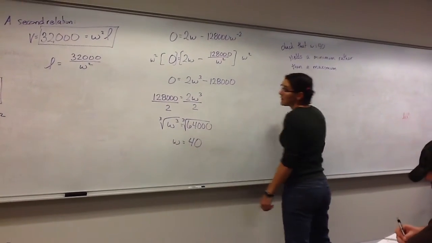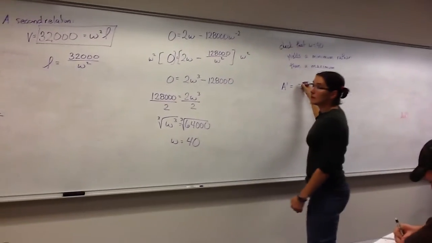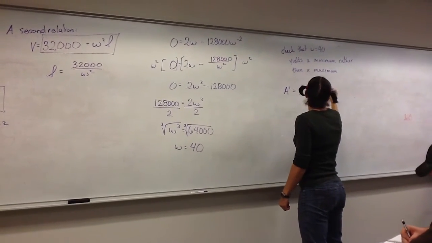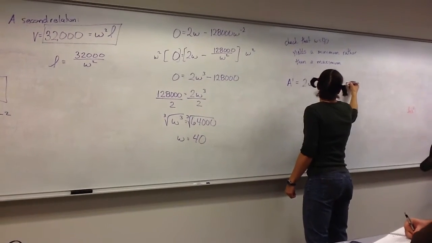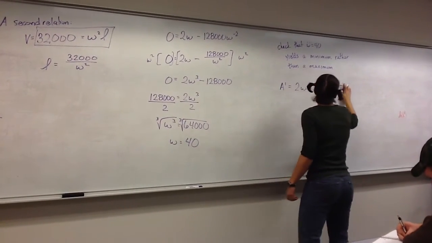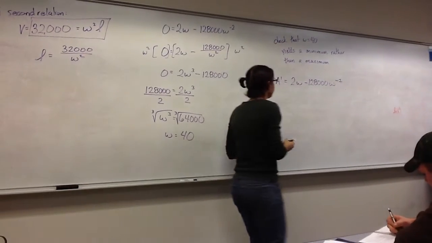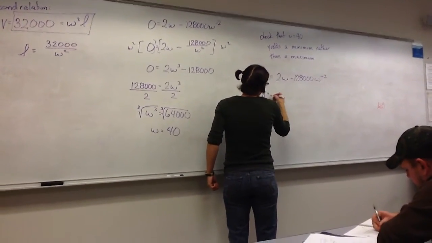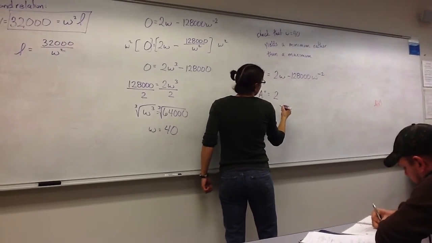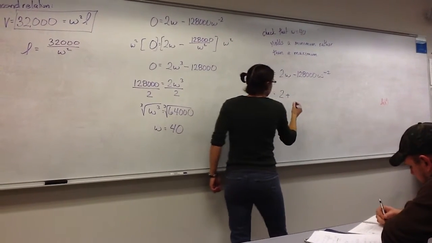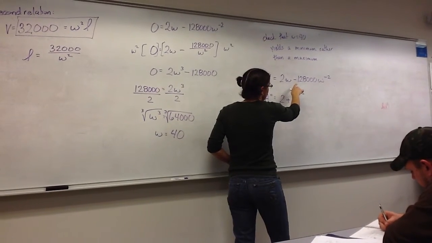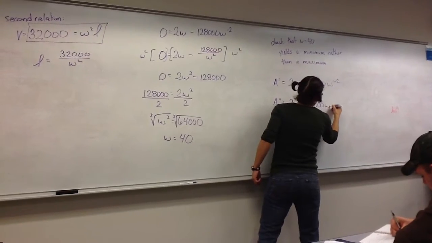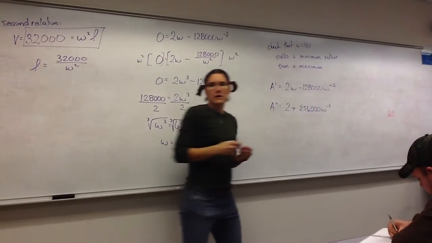So since A prime was 2W minus 128,000 W to the negative 2, well, if I look at A double prime, then I have 2 plus 256,000 W to the negative 3.